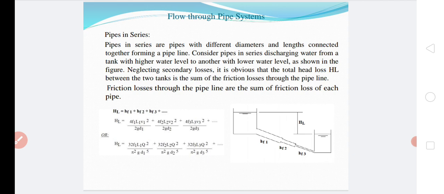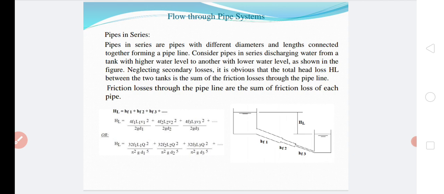on the bottom side there is the lower water tank, and the two tanks have a difference in height, neglecting secondary losses, that is HL.